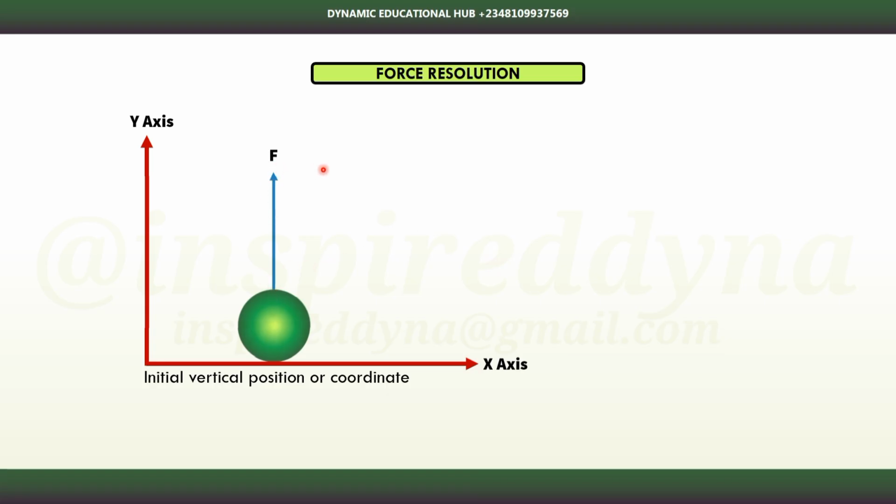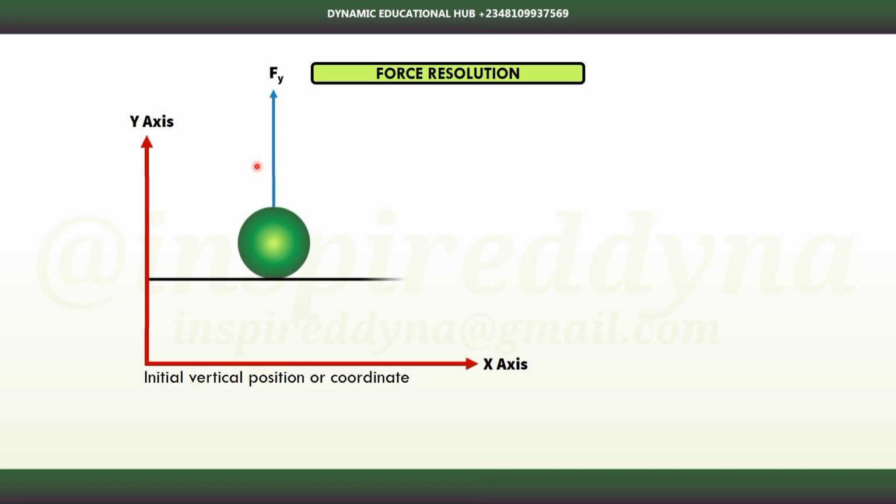Look at the direction of that force, upward. Now that force is only acting along the y-axis, so we have Fy. This force is going to drag this object along this axis. So our object has been displaced. Don't forget, force is an action that causes displacement of an object. So we have this being displaced. What happened? This object still maintains its x coordinate, so it only changes along the y-axis.